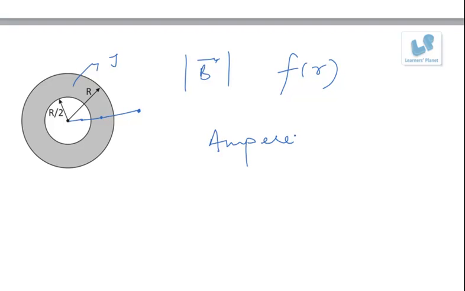In all the three cases we will be applying Ampere's circuital law. Now the first case is where r is less than R by 2, that is, you consider a point which is inside the hollow.